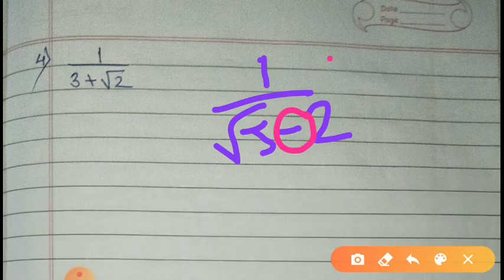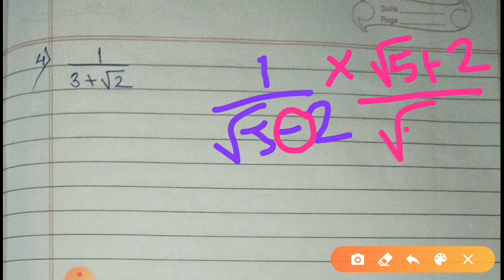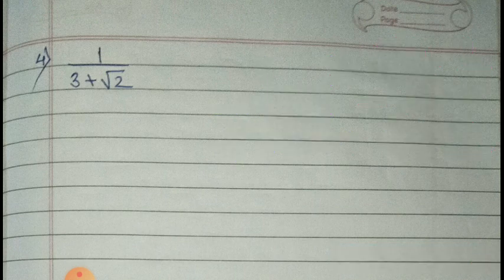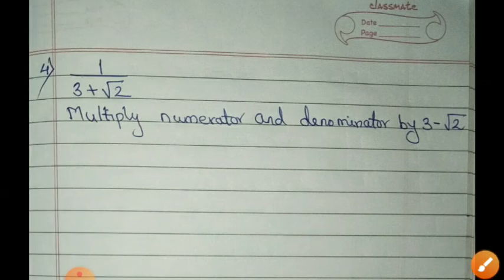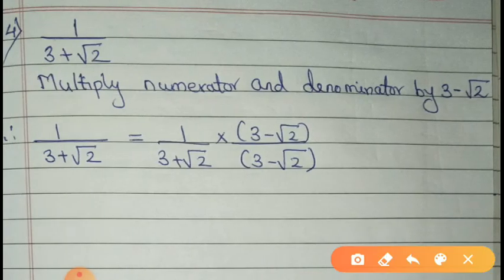So it should be multiplied with root 5 plus 2 by root 5 plus 2. Just change the sign there. If it is plus, you have to multiply with minus. If it is minus, you have to multiply with plus. So multiply by 3 minus root 2. Is that clear?